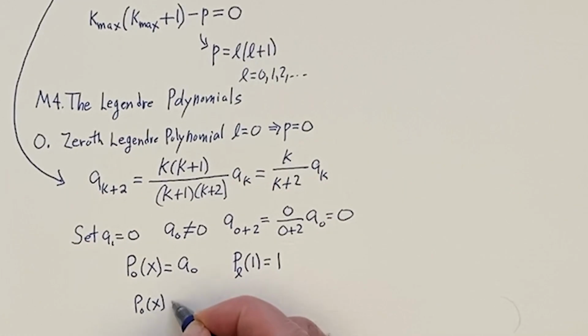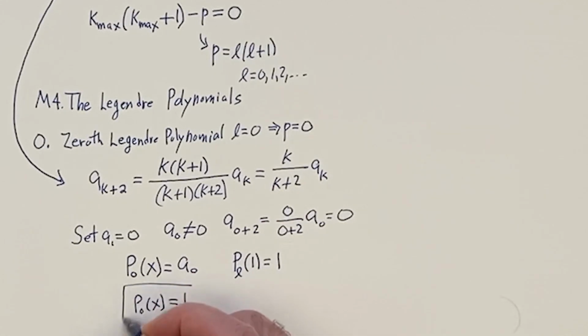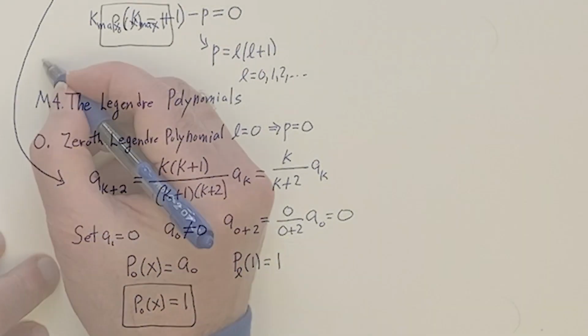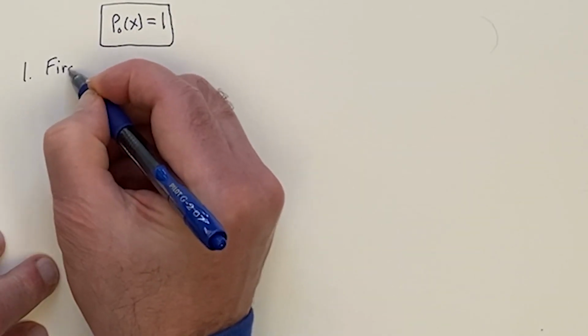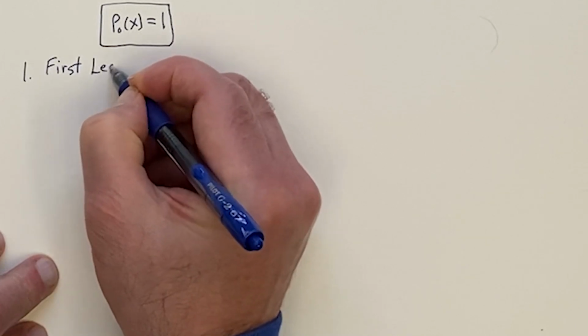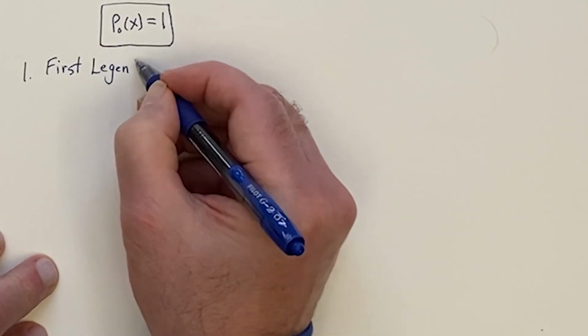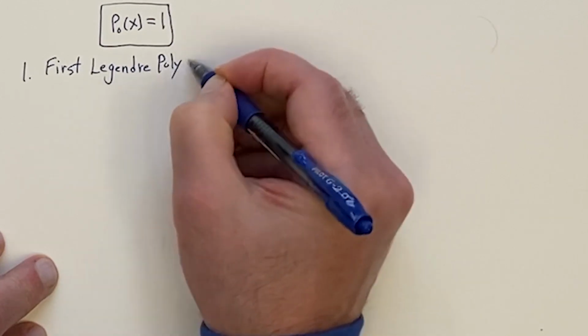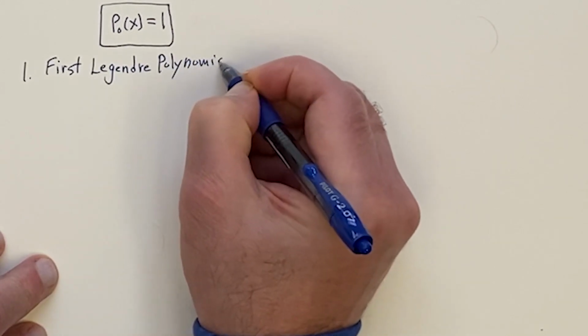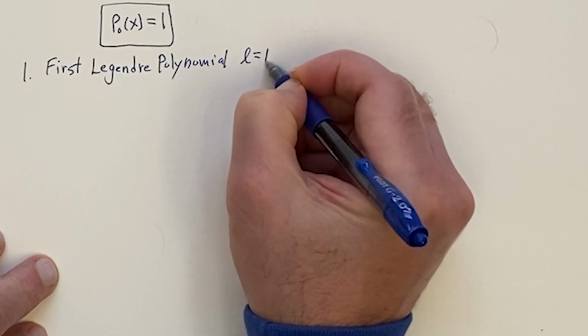So the 0th Legendre polynomial is equal to 1. Now we go to the first Legendre polynomial, since that one's the 0th one. This is the case L equal to 1.